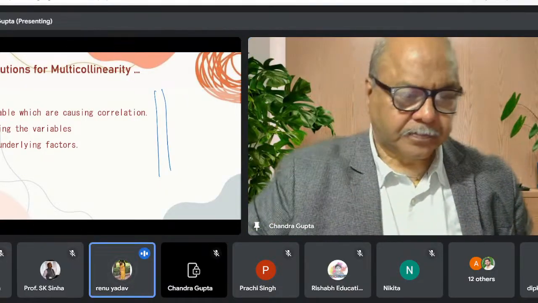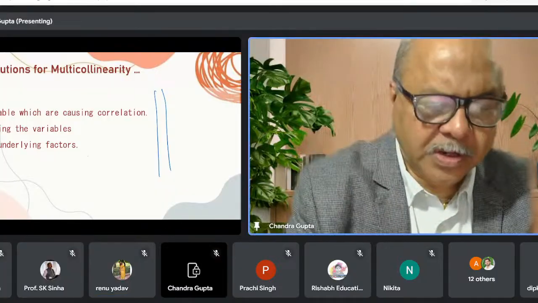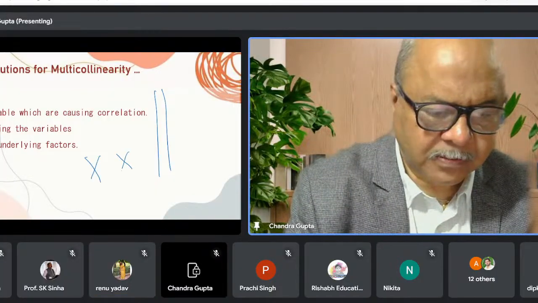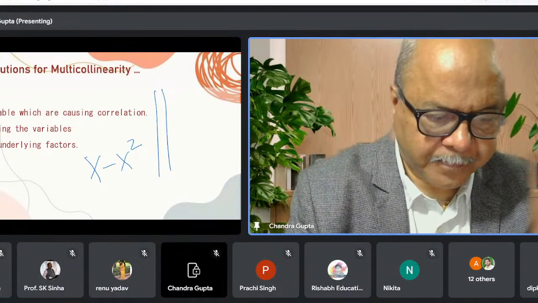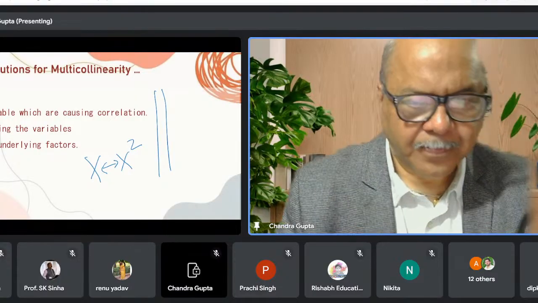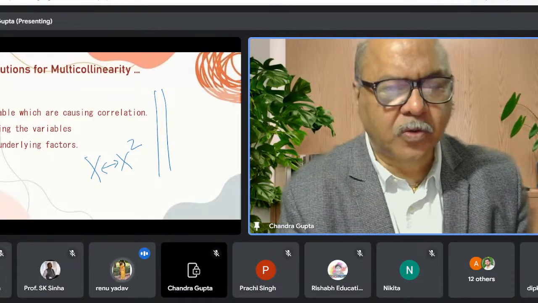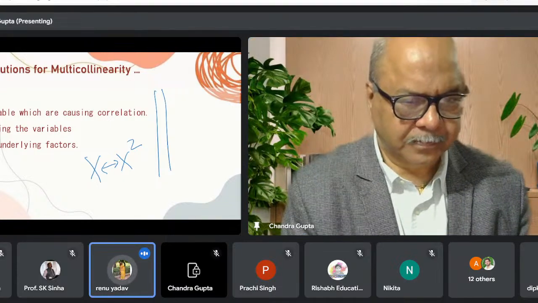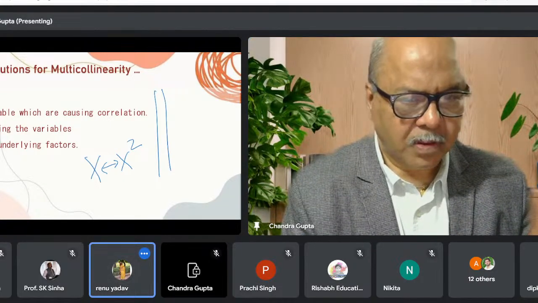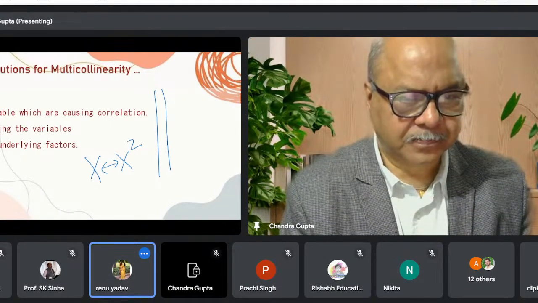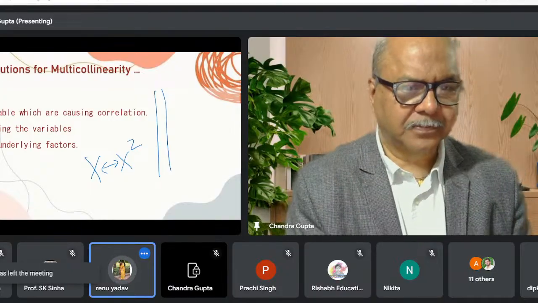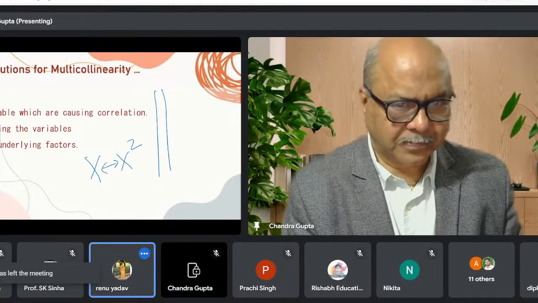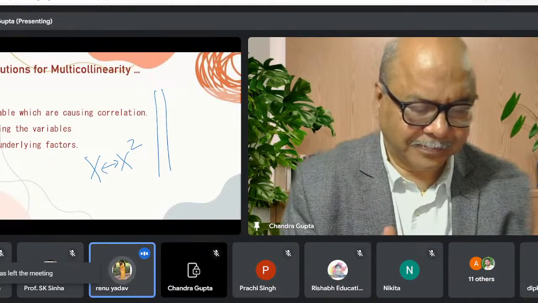Okay, sir. What is the correlation between x and x square? Yes, Renu. Sir, in terms of positive or negative? Sir, for x and x square it remains the same, positive only.